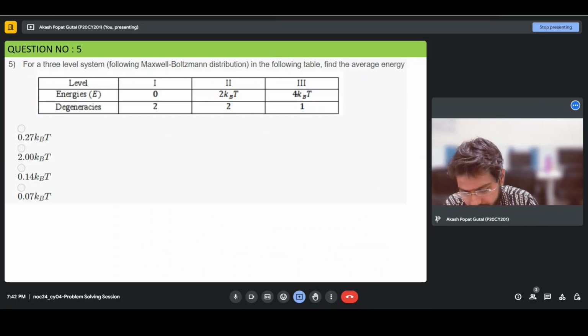So next question. For a three-level system following the Maxwell-Boltzmann distribution in the following table, find the average energy. Okay, try to calculate this particular problem. We need to calculate average energy. Take your own time, 3 to 4 minutes.